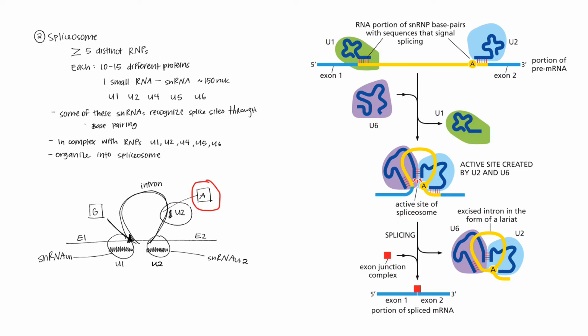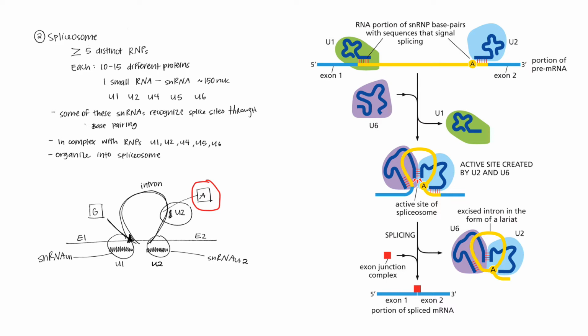So the spliceosome is a very, very large multi-protein complex. It's actually made up of 5 individual distinct clusters of proteins and RNA. Each one of those distinct clusters is referred to as a ribonucleoprotein complex because it contains RNA and protein.